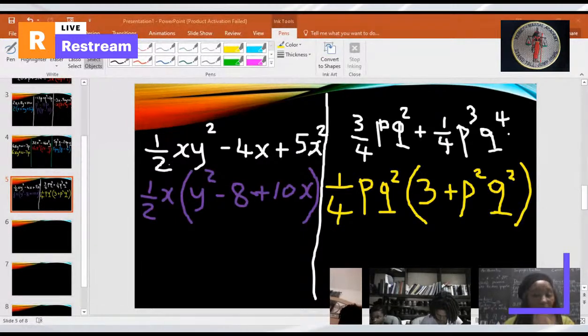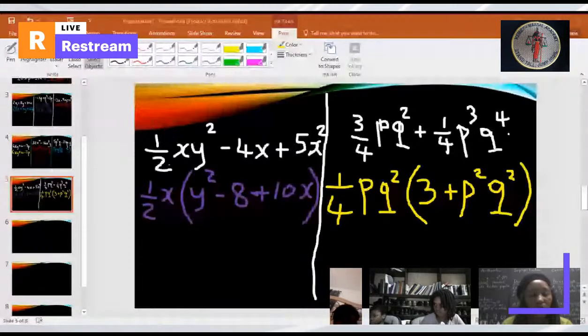I made sure to include negative numbers to show you that when you're pulling a negative out to the front, sometimes you have to change the sign of the terms on the inside in order to get back the original thing. Because remember, when you're factorizing, you are supposed to be able to expand to get back the original thing.